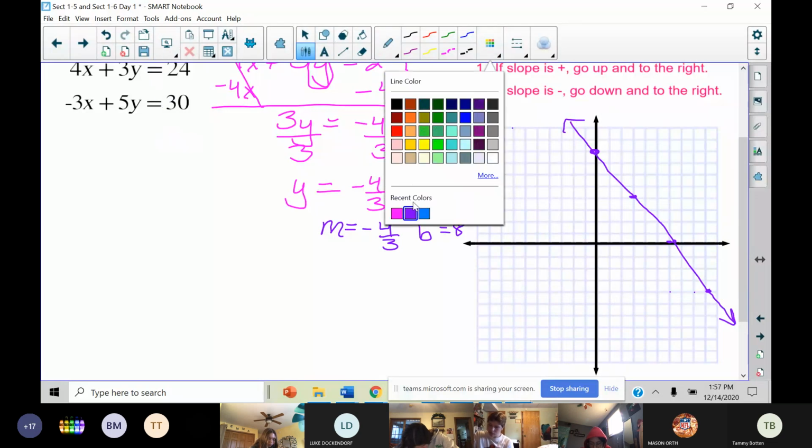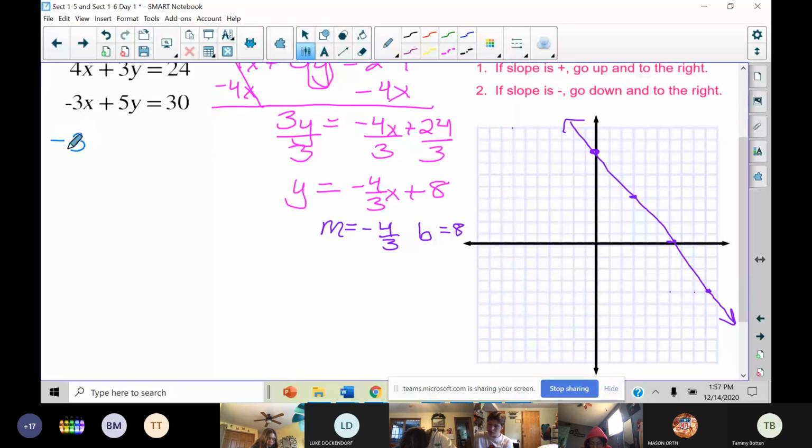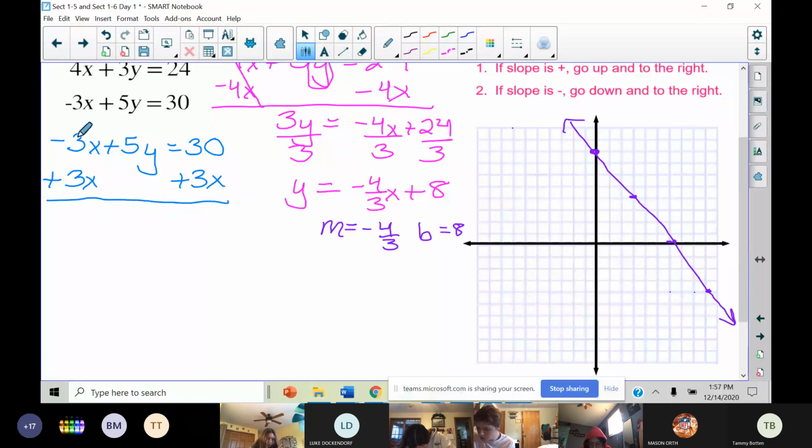Then what I'm going to do is take my second line, which is negative 3x plus 5y equals 30, and I'm going to solve that for y. So I add 3x, and whoops, what I would get is 5y equals 3x plus 30.